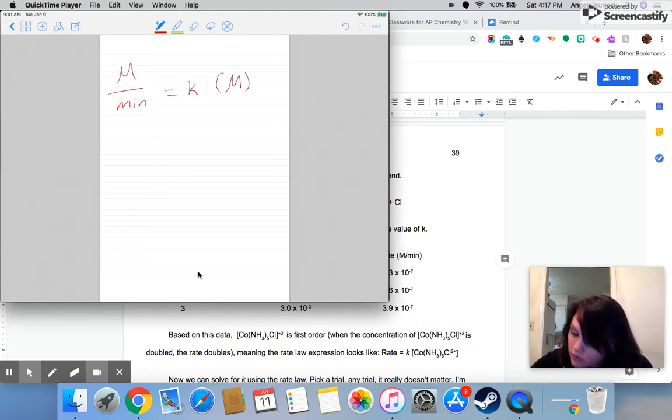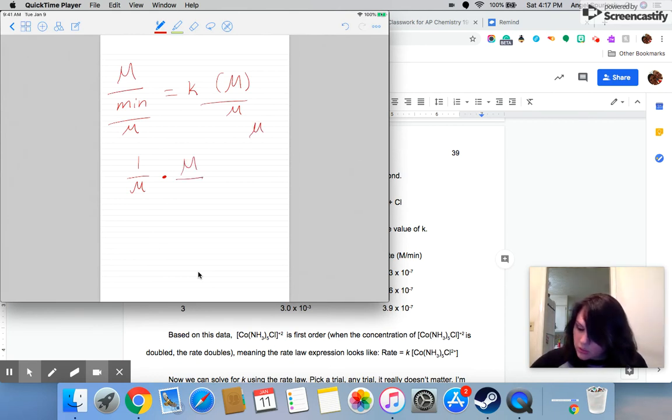And so I would divide by M. Well, it looks kind of weird to divide by M on this side. So what I can do to make that easier is I can make this 1 over M, because you don't really ever divide by anything, right? You actually multiply by reciprocals.